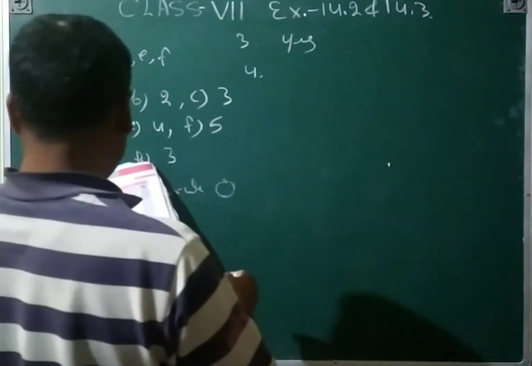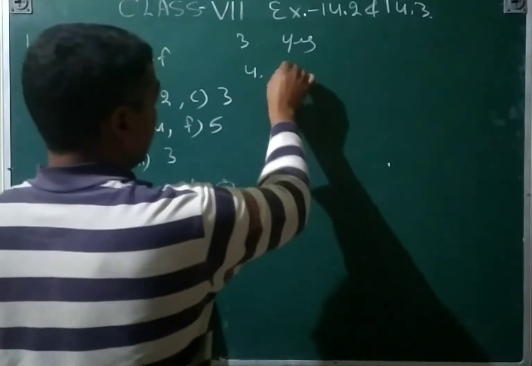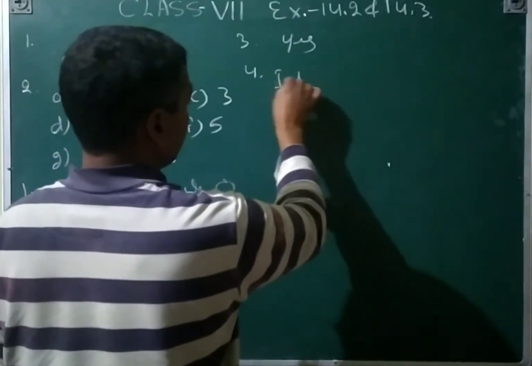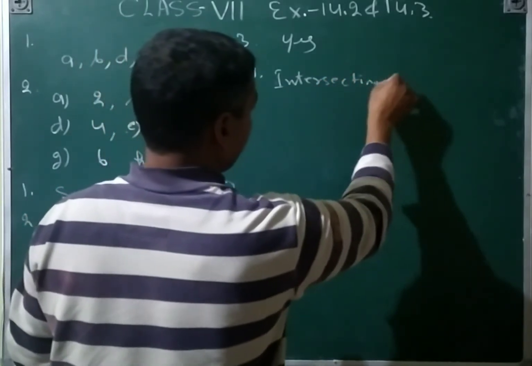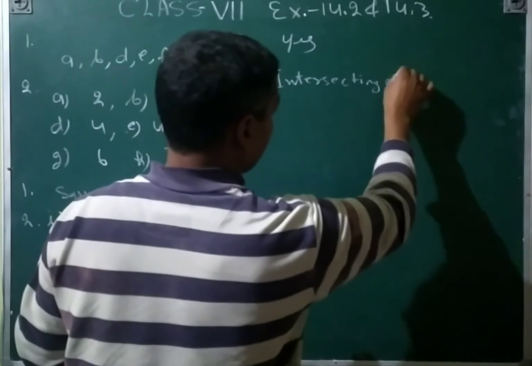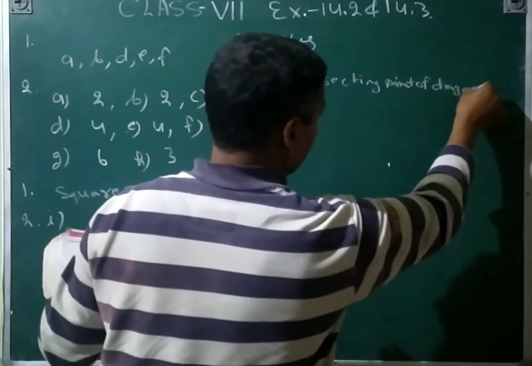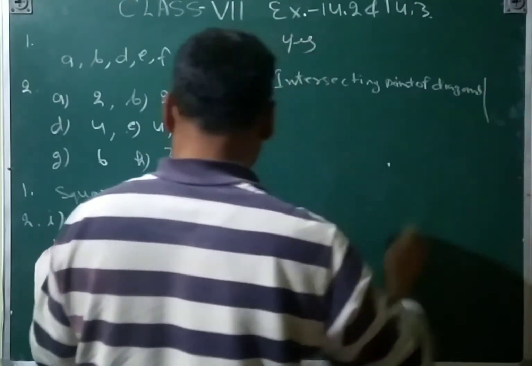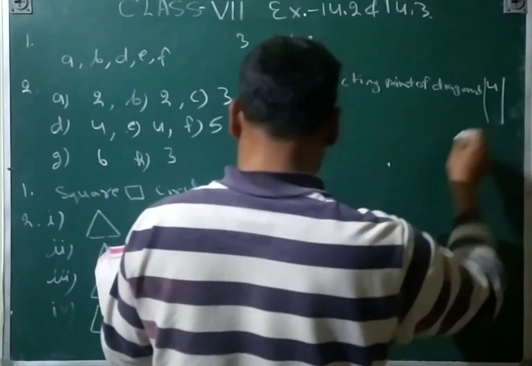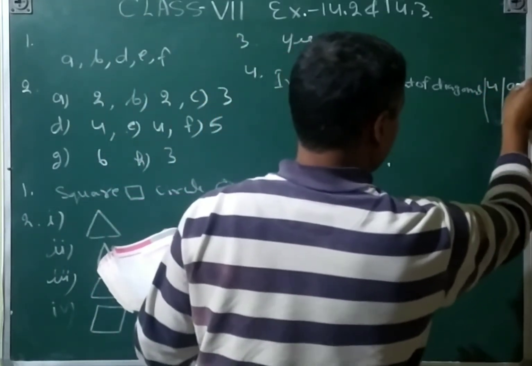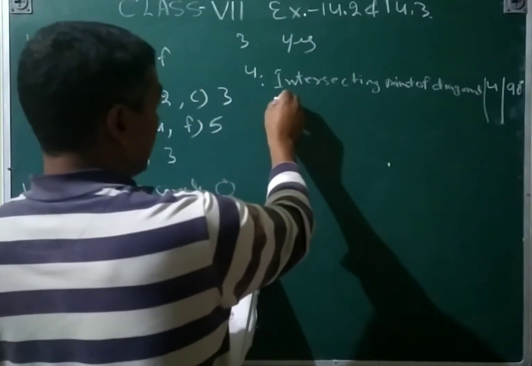The center of rotation is the intersecting point of the diagonals. And then the second box, the order of rotation will be 4, and then the angle will be 90. This is the first, and then second.